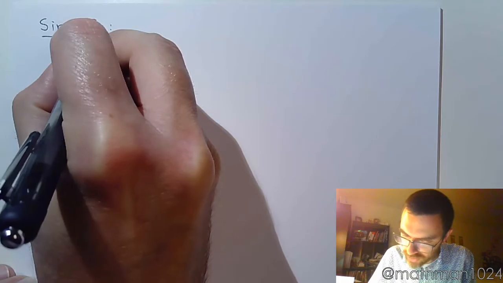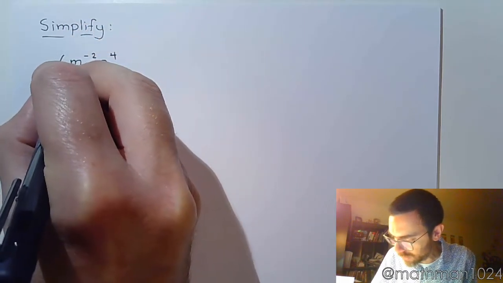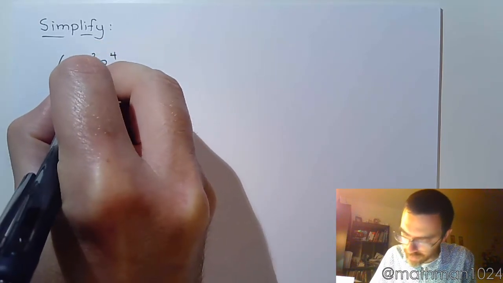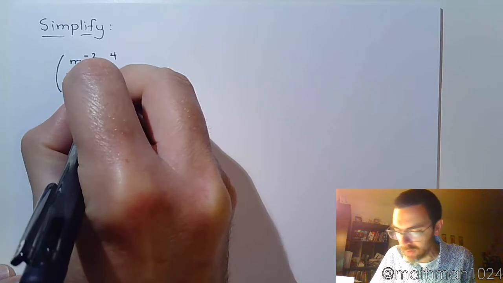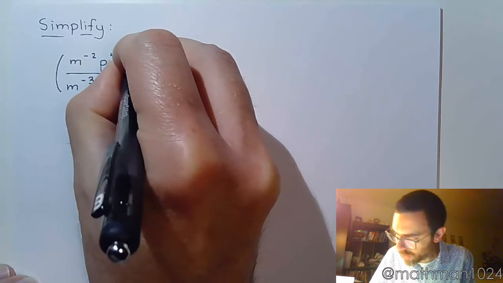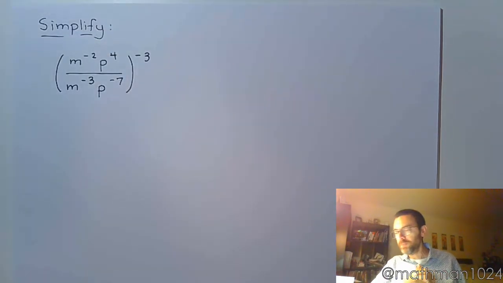So we have m to the negative second p to the 4th over m to the negative 3rd p to the negative 7th, all raised to the negative 3rd power. So we definitely have a lot of stuff going on here.